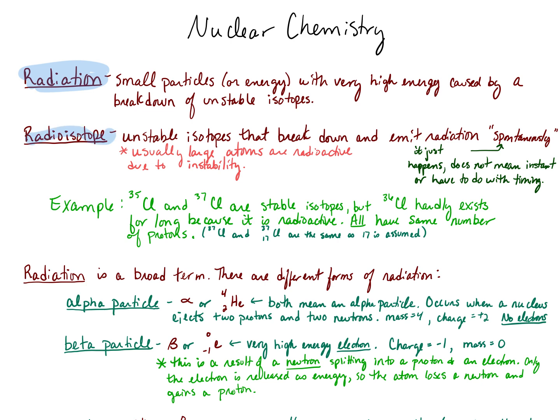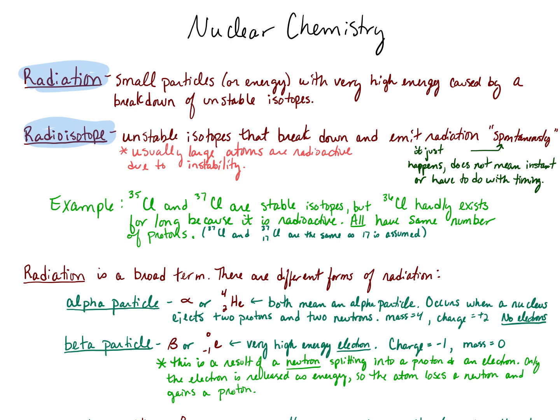So a radioisotope is a specific isotope that breaks down and emits radiation, and we call that spontaneous. That does not mean that it happens instantly. It means that it happens with a certain amount of precision of moving forward. It doesn't have to do with the timing itself, okay?